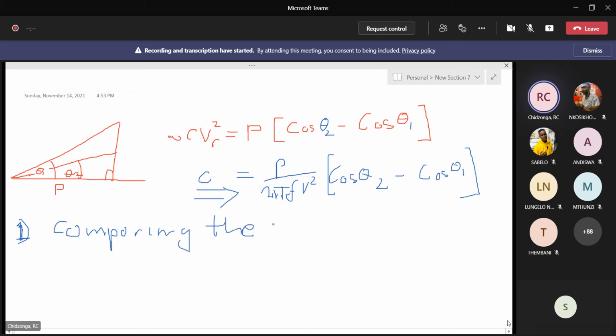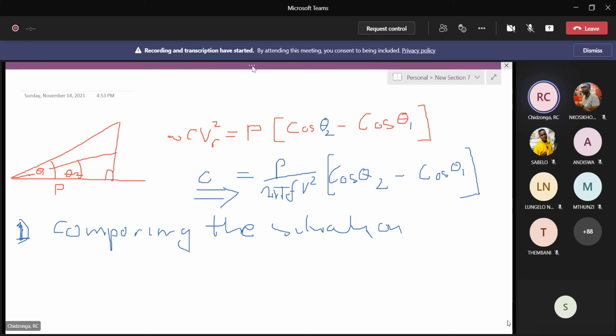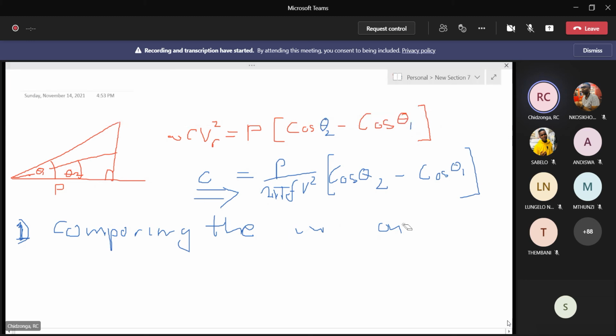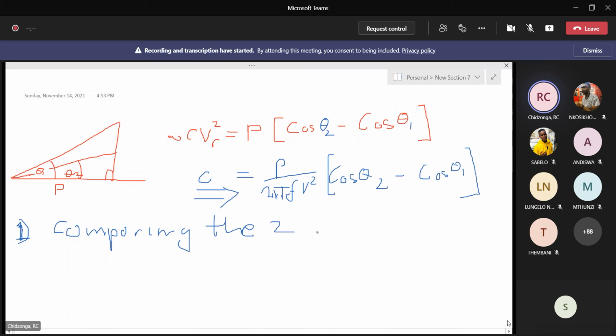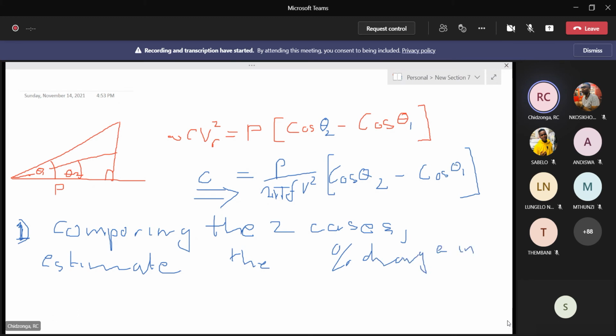Comparing the two situations, or the two cases, estimate the percentage change in power loss.